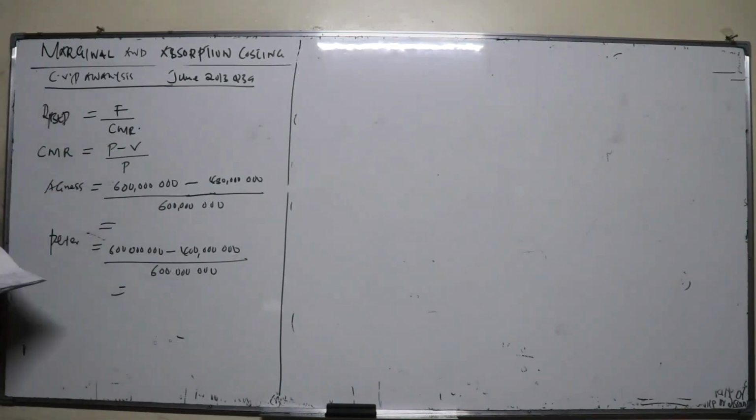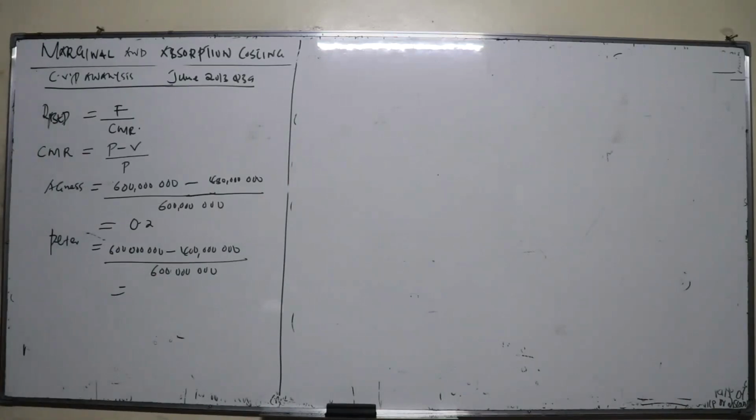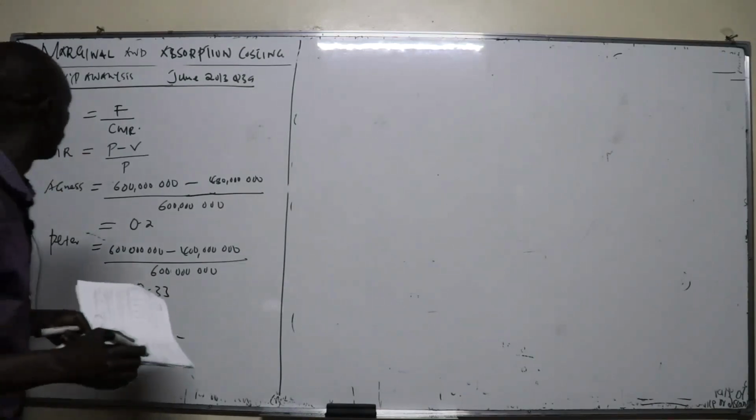So how much do you get? This one is 0.2, and the other one is 0.33. So that is the contribution margin ratio.